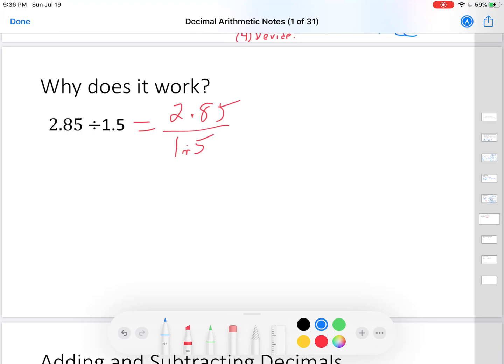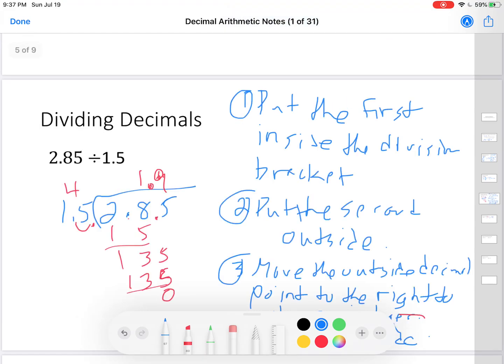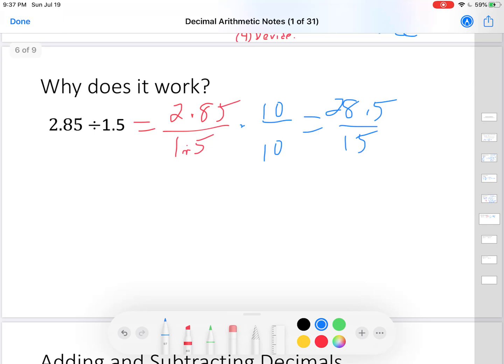We don't like that. You should have integers there. So I'm going to multiply by 10 over 10. And 10 over 10, of course, is equal to 1. So when you multiply by 1, you're not changing the value. So here you get 28.5 over 15, which is the division that we did. 28.5 divided by 15.